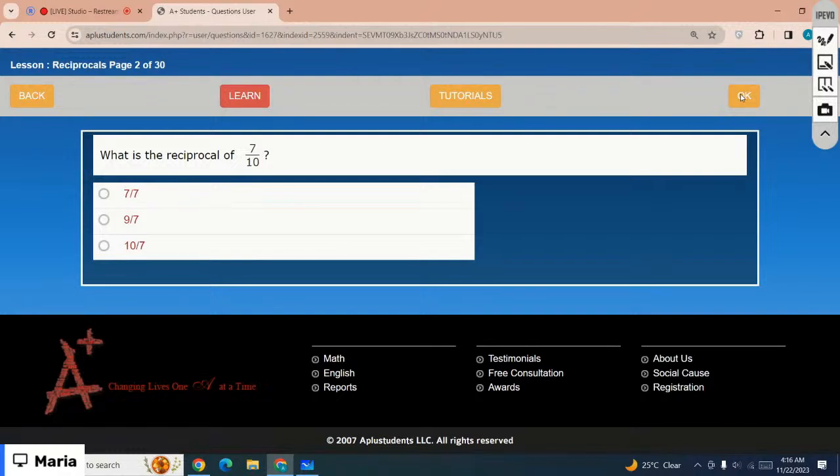What is the reciprocal of 7 over 10? Which is the correct option? The correct option is 10 over 7. The last option is the correct one.